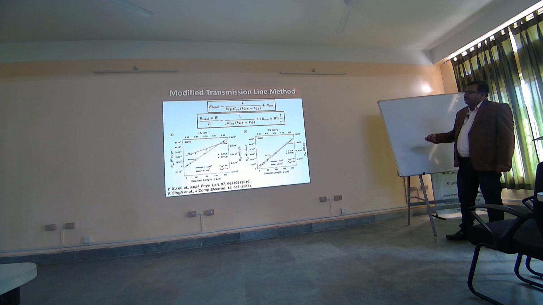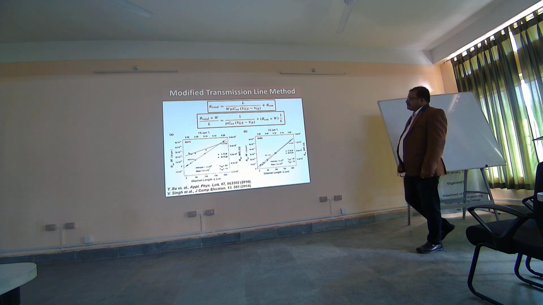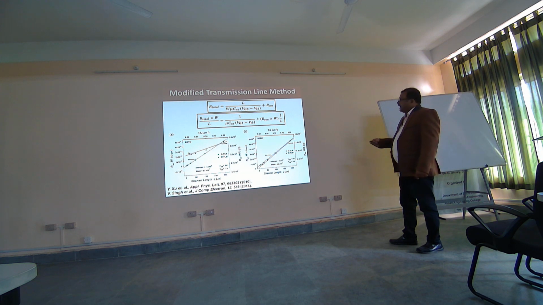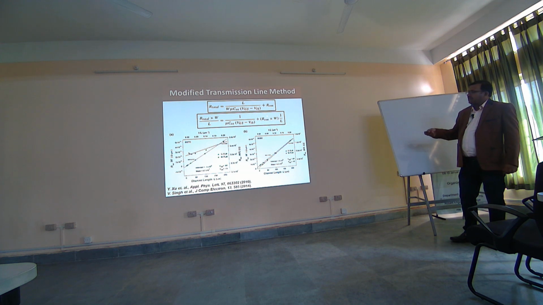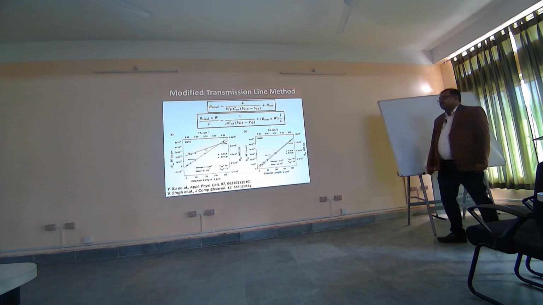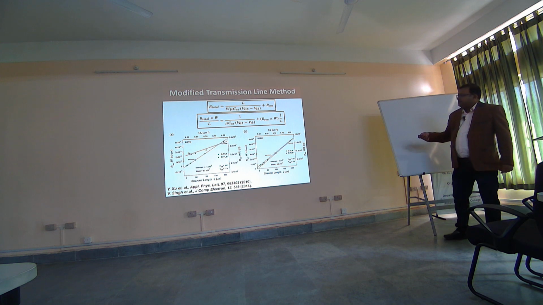We found that this modified transmission line method is much better in terms of estimating the contact resistance accurately. In fact, we did some statistical analysis in terms of the accuracy, and found that this is much more accurate compared to the conventional transmission line method.